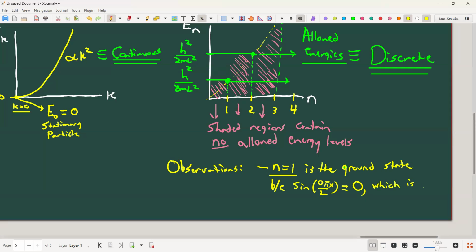No probability of observing a particle means there's no particle. All right, so that means that the energy of a particle inside of a box is greater than 0 for all particles in a box. There is no zero energy state.